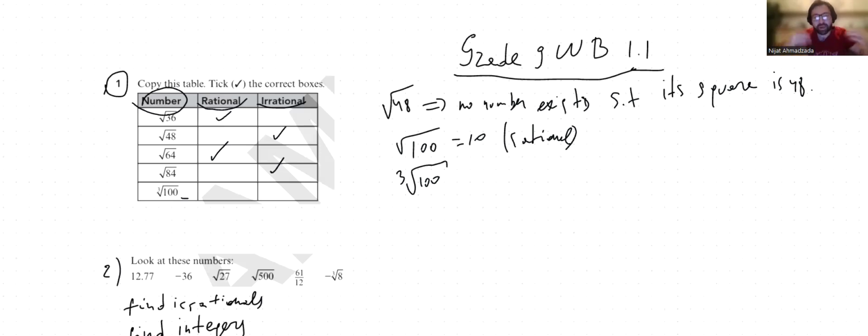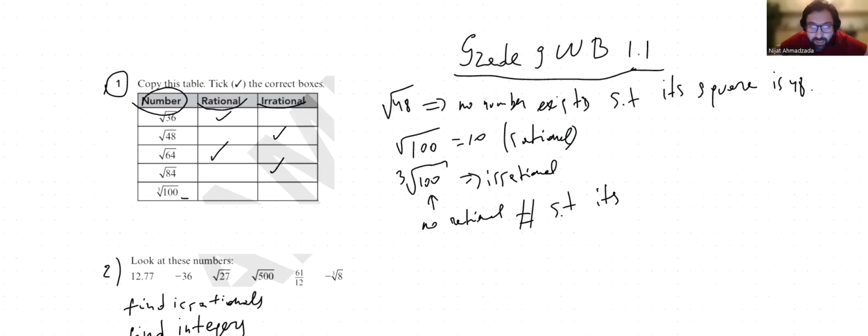There is such a number, but it's not rational, because you cannot find any rational number such that its cube, not square, because it's a cube root, is 100. So cube root of 100 is irrational.